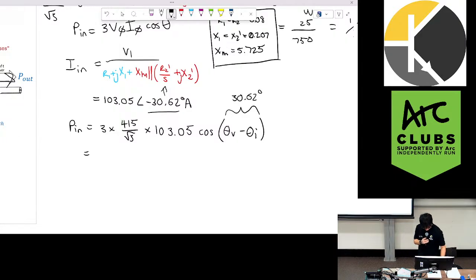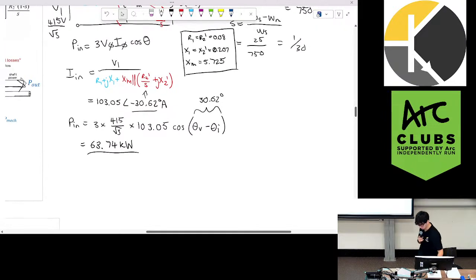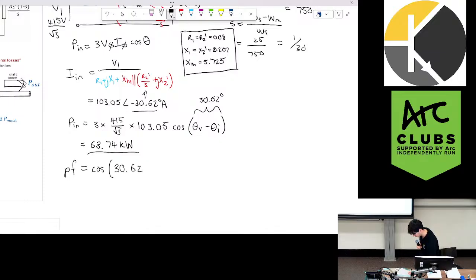So we get a value of 63.74 kilowatts. So that's the first step. It also asks for power factor. Power factor is simply cos of the angle that we have, and that will be 0.861 lagging.